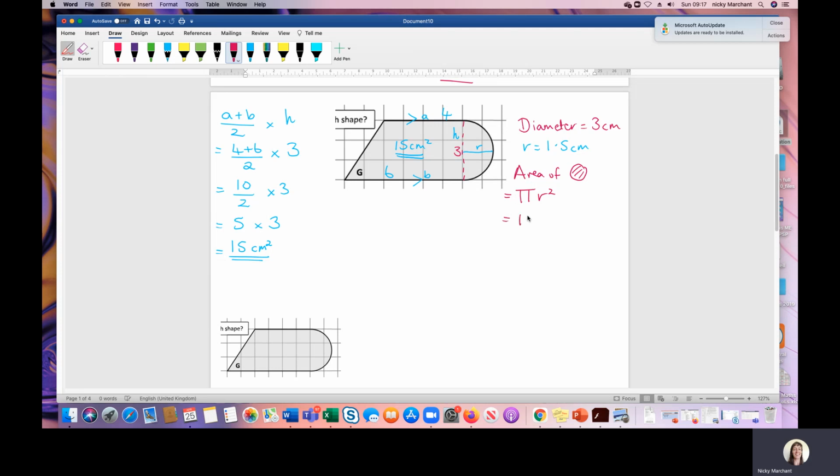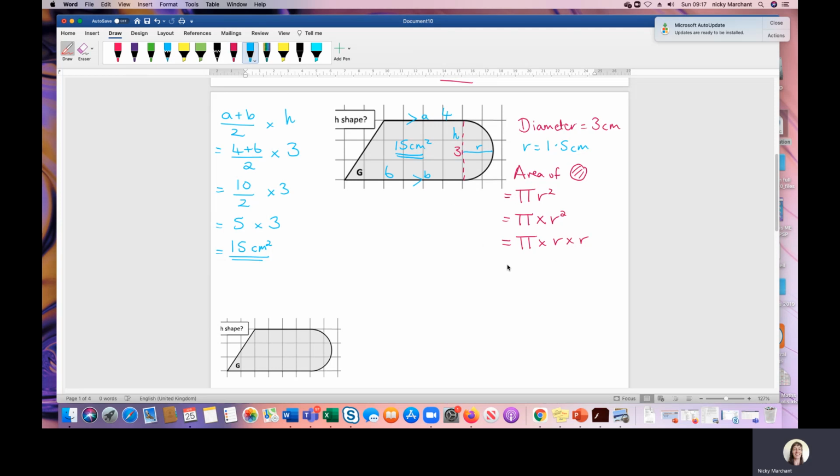If you can't find your pi button on your calculator, always ask the person who's running the assessment for you. They should be able to show you where the pi button is. And you can always do r times r. That's a safety blanket so you don't square the wrong thing. You put your r in twice and multiply them together.